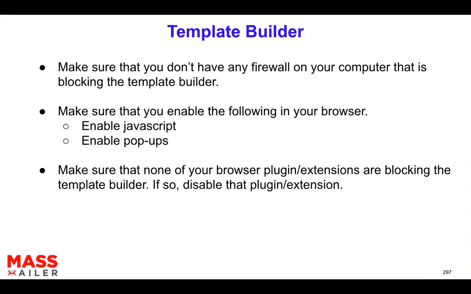So you just have to go one at a time: disable all of them once, and then slowly start enabling one extension at a time, and you will ultimately find out the culprit. So make sure that you do not enable that particular extension, especially when you're using the template builder. That's very important.